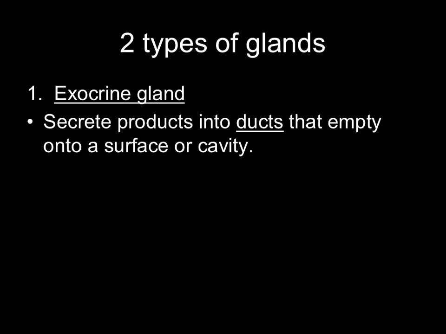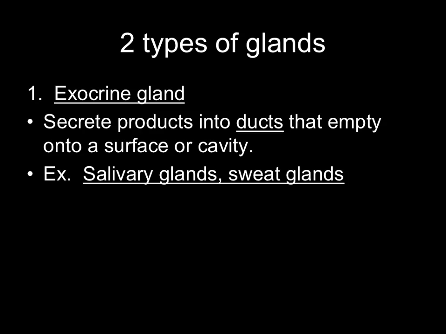So the cluster of gland cells in exocrine glands actually have a tube that leads away from them, that takes the product to that surface. Examples of exocrine glands include the salivary glands, which we will look at in the digestive system, and the sweat glands that we already looked at in the integumentary system.